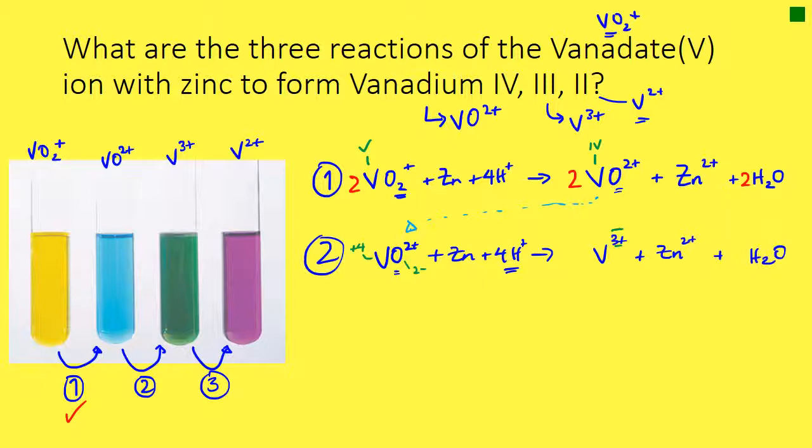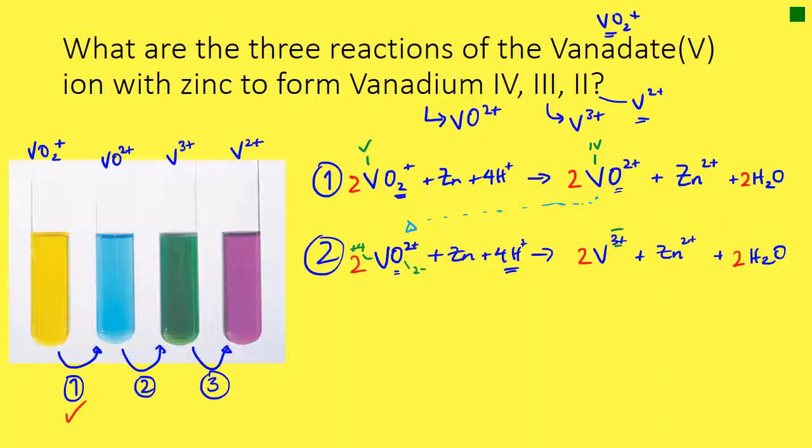So there's H2O there, just as before, right? And as before, we need to balance that, and so we need 2 water molecules there. We're going to make 2 V3 pluses, and therefore we need 2 VO2 pluses. And that's our second reaction. That's gone from blue to green.